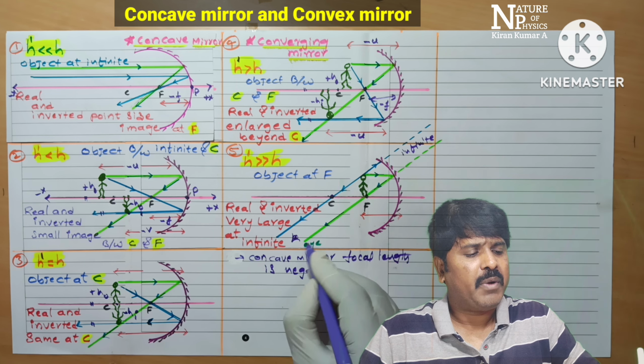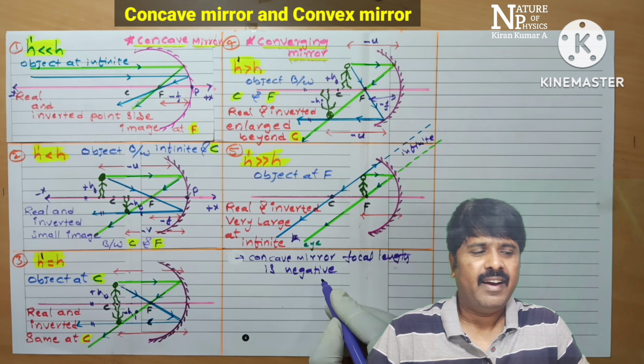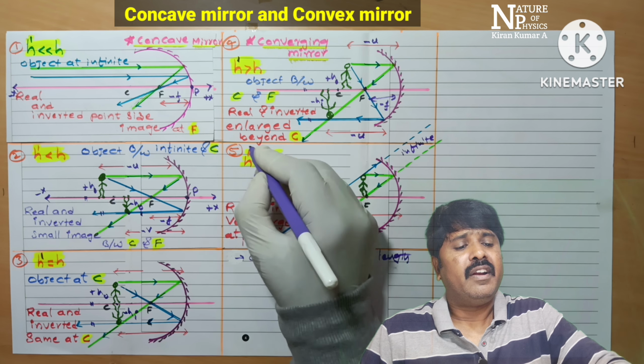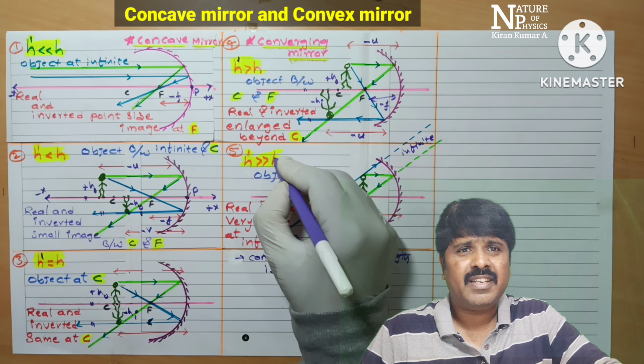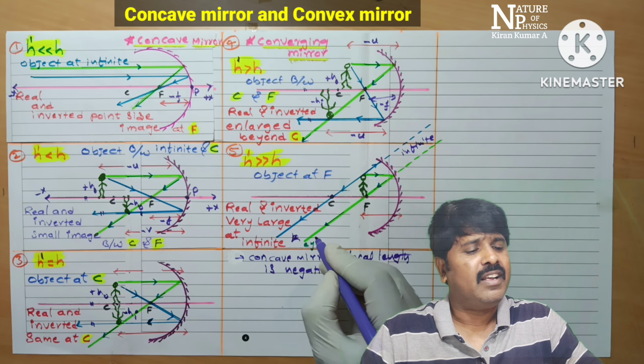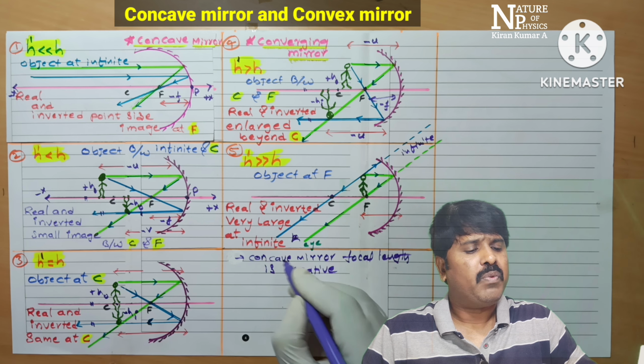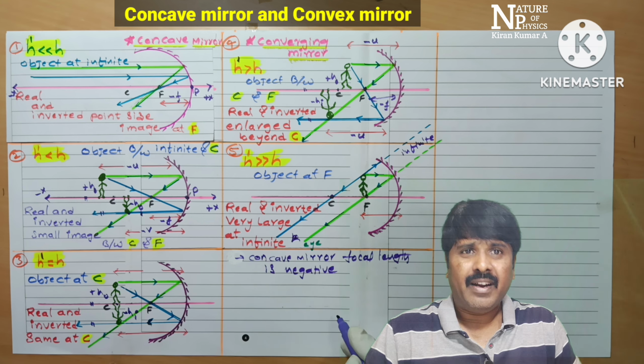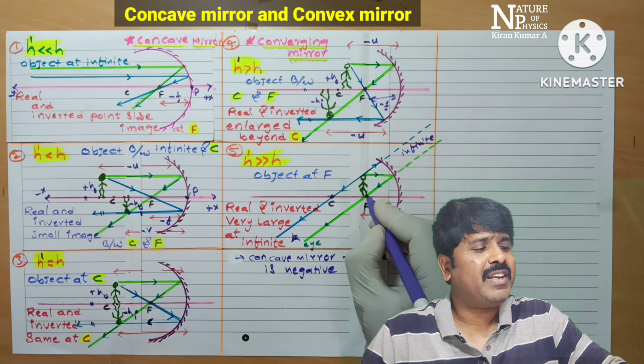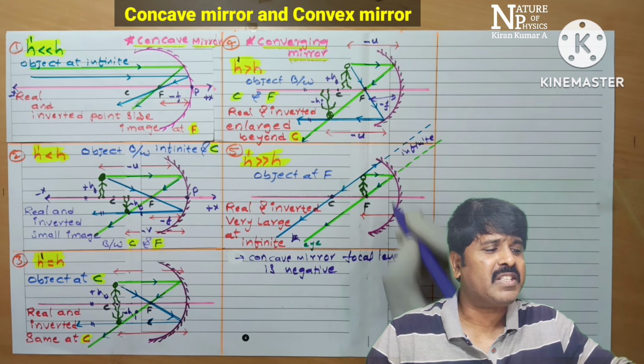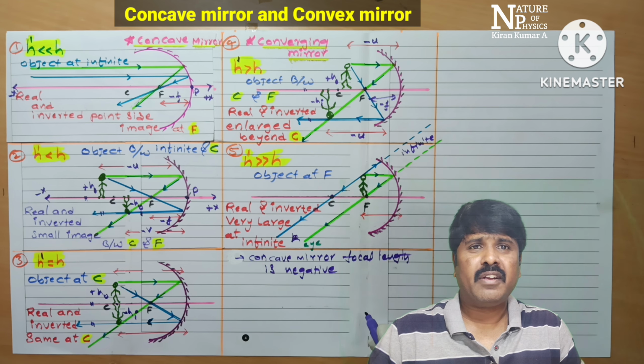We are observing from here, this is considered like an eye, student. Here the image height is very much greater than the object height, and a real and inverted very large image forms at infinite distance when the object is exactly at the principal focus of the concave mirror, student.